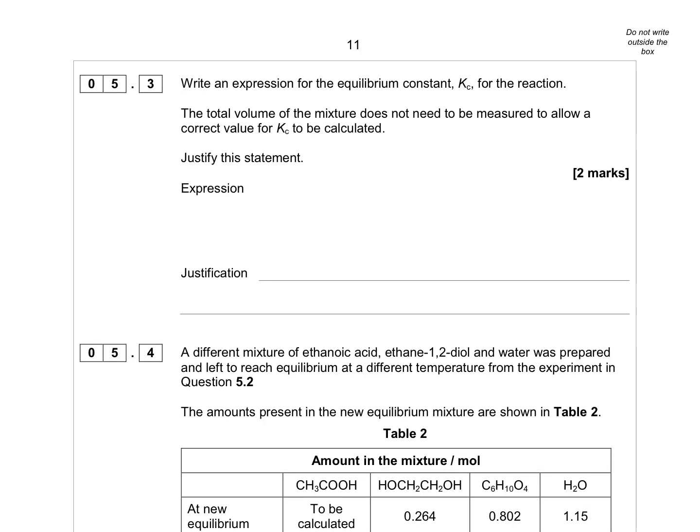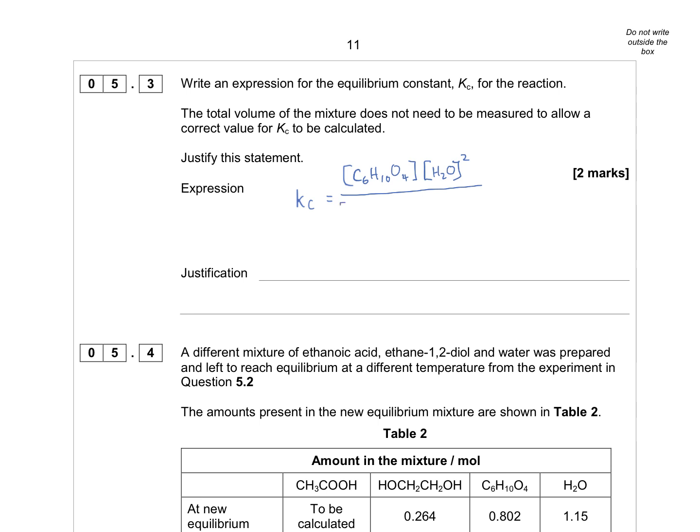Five point three asks for an expression for the equilibrium constant. So if we remember, Kc is going to be the concentration of the products divided by the concentration of the reactants. Now at this point you could just write the ester and the water at the top, and write the carboxylic acid and the alcohol at the bottom.